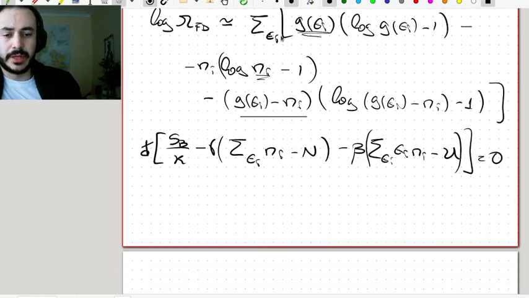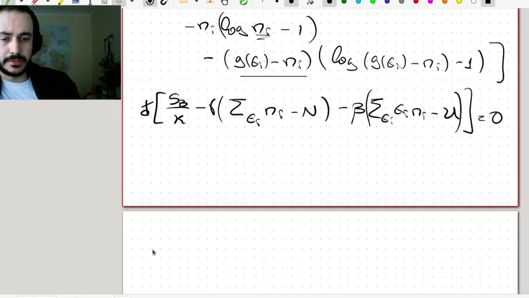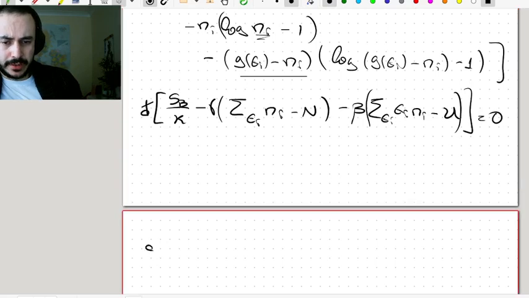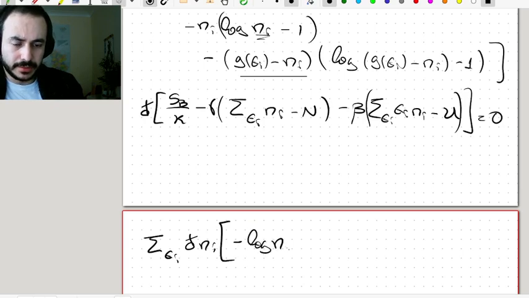What do we have? From the logarithm of the statistical weight, we get the sum over all the states of dni, the infinitesimal variation of ni, and then minus the logarithm of ni.